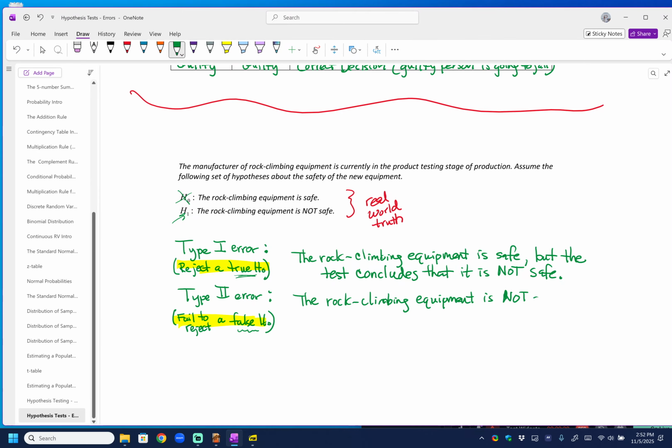But the test concludes... so what does it conclude? Well, we have failed to reject the null, which means we are siding with it. We are accepting it. So that means the test's decision is that it is safe.